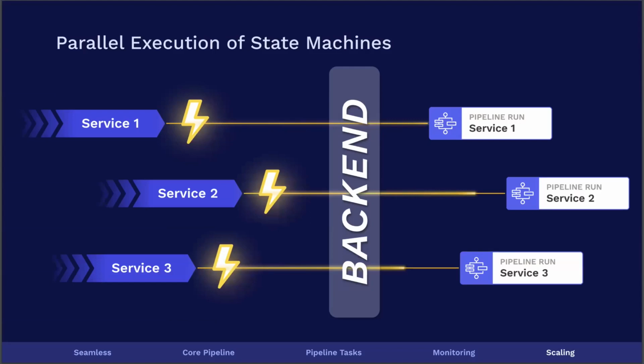We handle this by launching new instances of AWS step function for each pipeline run. This diagram shows the pipeline being triggered by different services at different times and multiple runs occurring simultaneously. The next improvement we made was to scale the backend server.